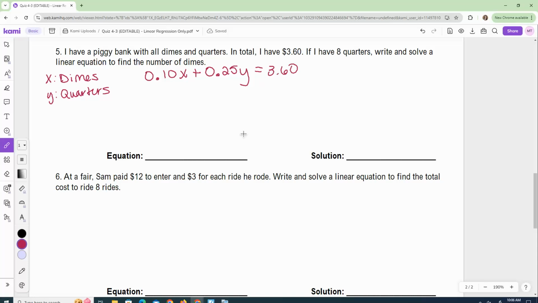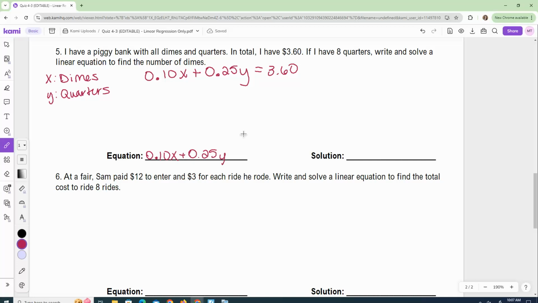If I asked you nickels, how much is a nickel worth? 0.05. If I said a penny, it would be 0.01. So you do each type of coin times its value equals our total. So that's my equation.